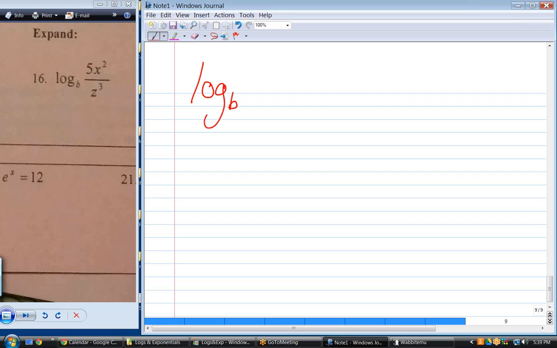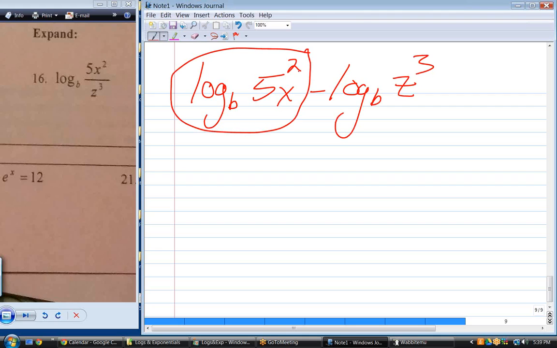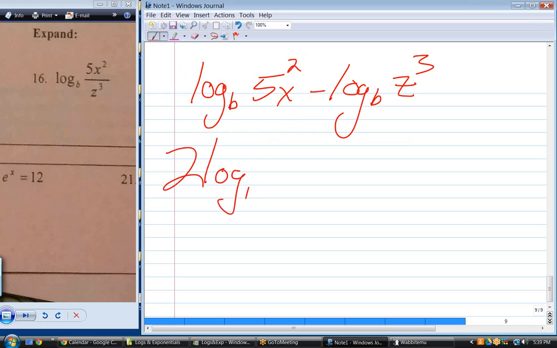So what's the first one? Log base b of 5x squared minus log base b of z cubed. Next expansion. That can be expanded more. So can this. Both of them can be. 2 log base b of 5x minus 3 log base b of z.